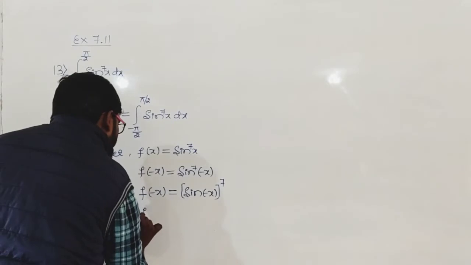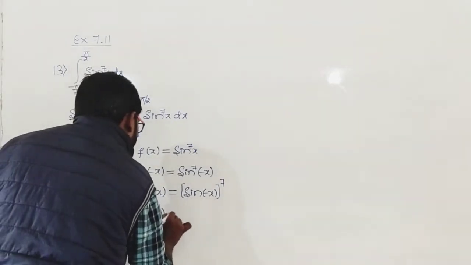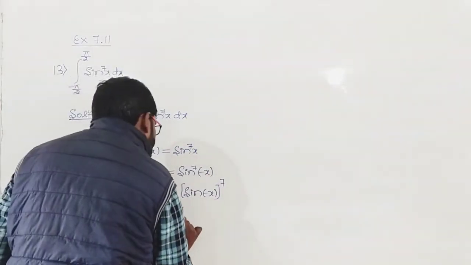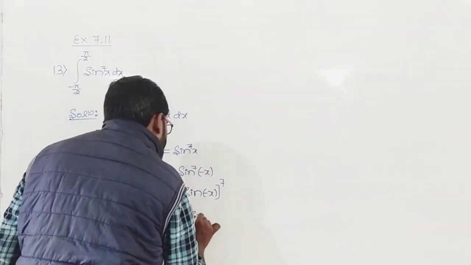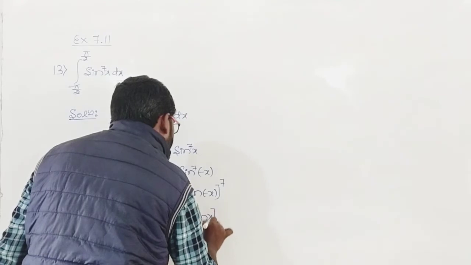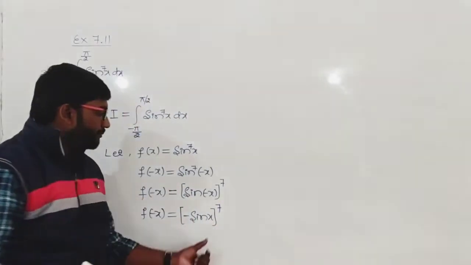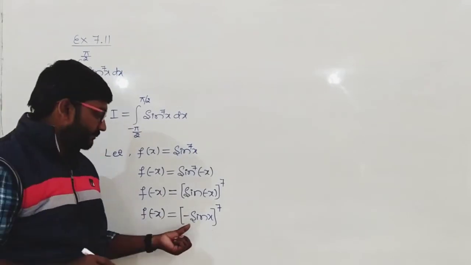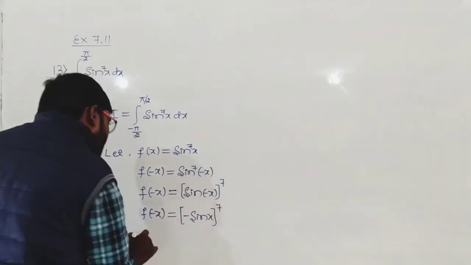Then f of minus x is equal to, so now sin of minus x will be minus sin x. Minus sin x to the power 7. So minus sin x to the power odd number will be minus sin x. Minus sin x to the power 7 will be minus sin to the power 7x.